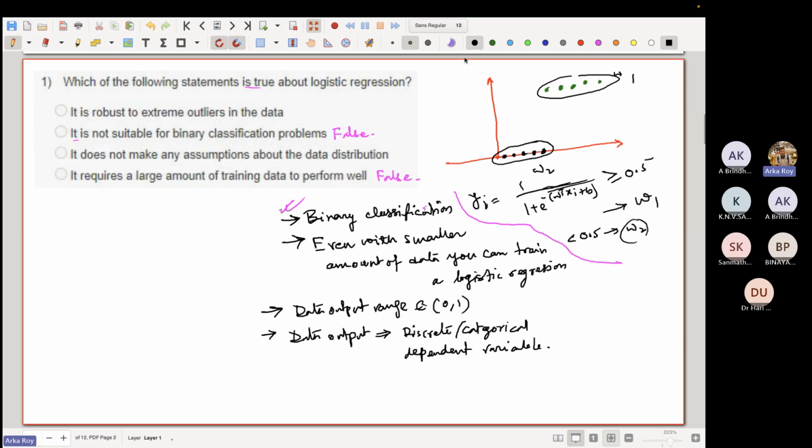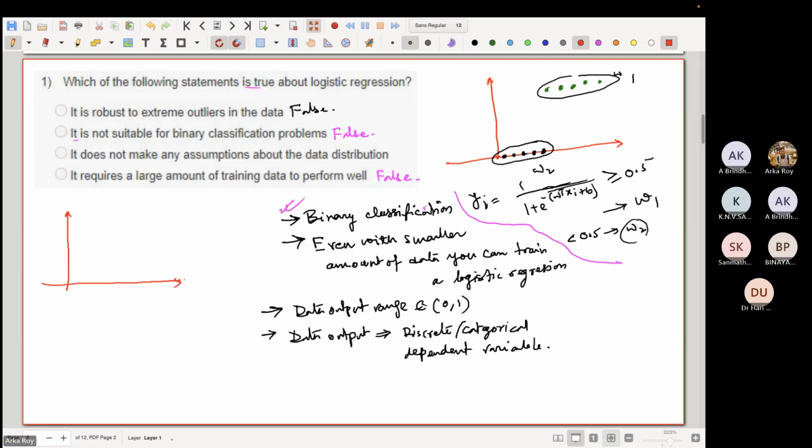The next statement provided is that it is robust to extreme outliers. This is also false, because logistic regression is not robust to extreme outliers. Let me give you a basic example.